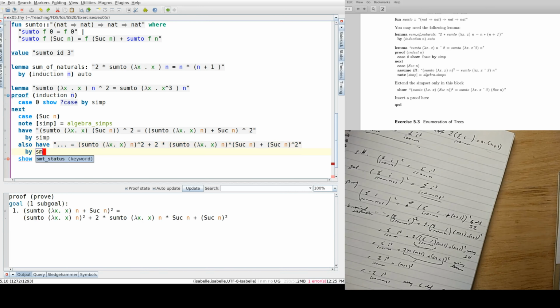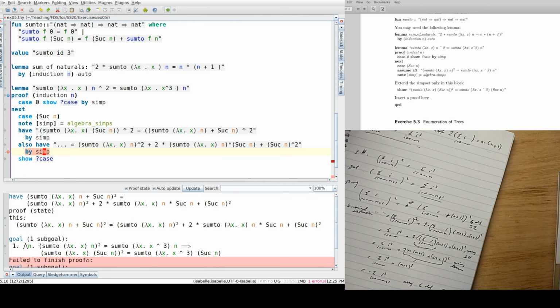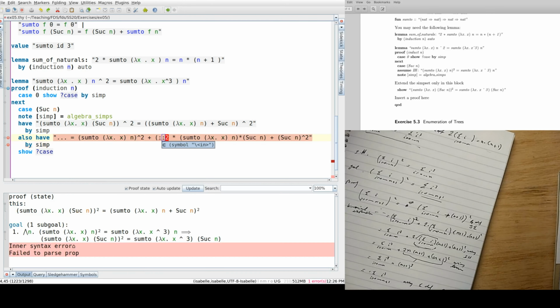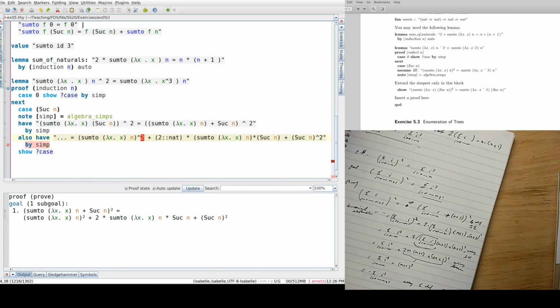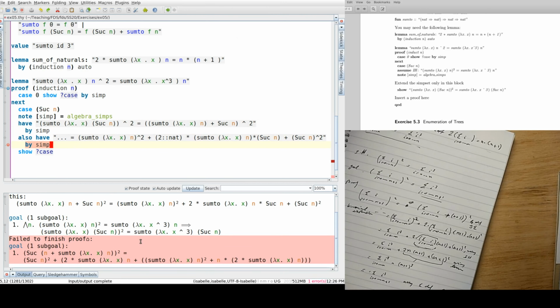So this should follow by simp. Just make sure that the types are correct. Well, actually, I don't think that the binomial expansion is in algebra simps.